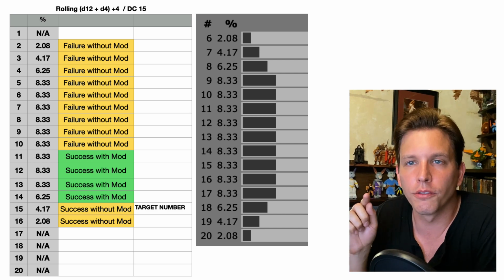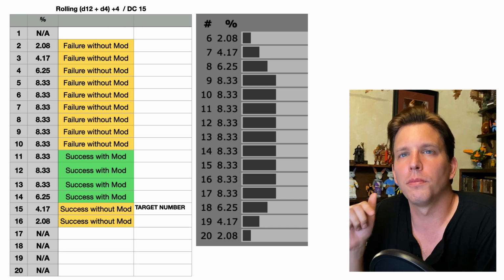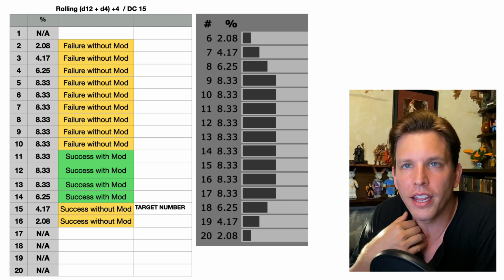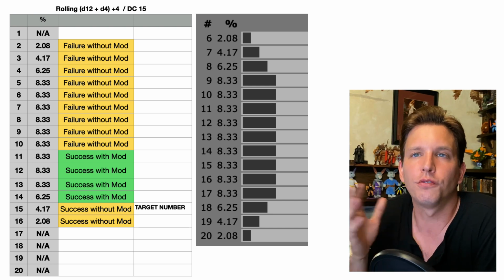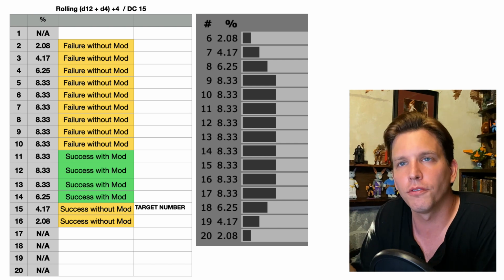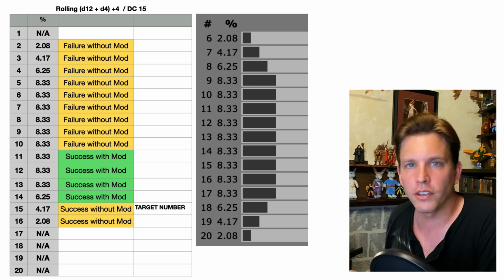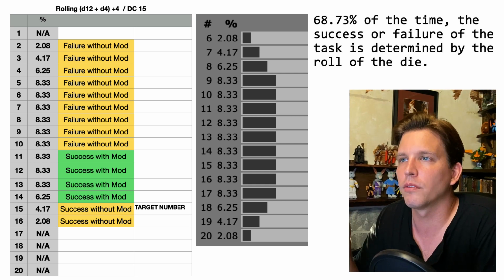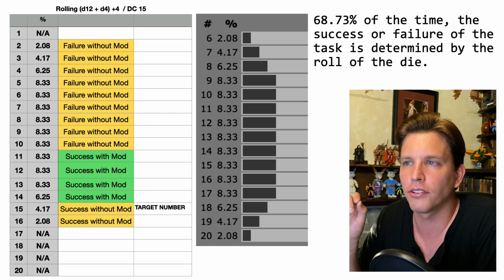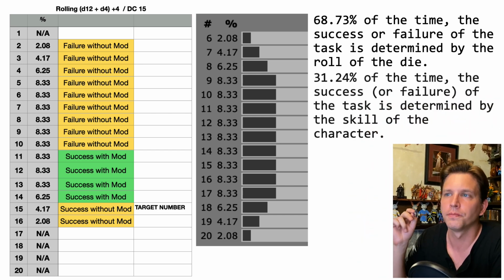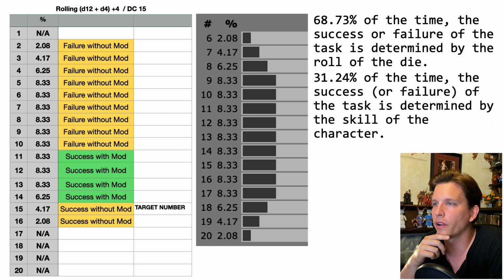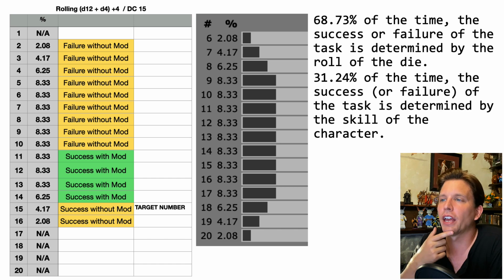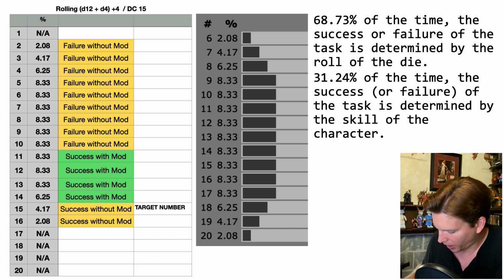This is the 1 through 4 level character, so you'd be rolling a 1d12 plus a d4. You're getting a +4 because of your doubled proficiency modifier. You're trying to hit a DC 15, and what does that mean? That means that 68.73% of the time the success or failure of the task is determined by the roll of the dice. And then 31.24% of the time, the success has been determined by the skill of the character.